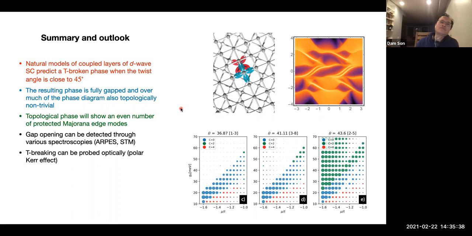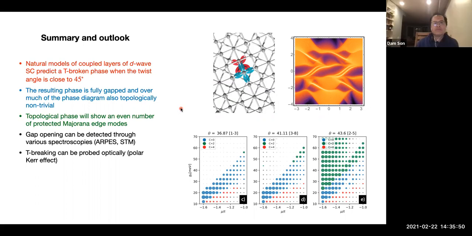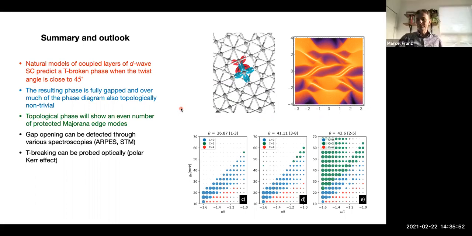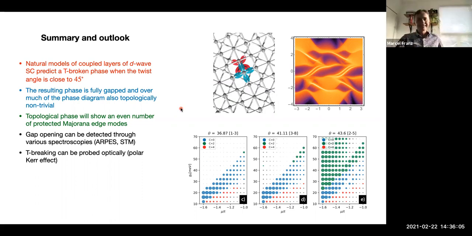So that's the problem. You can calculate this sigma xy at finite frequency, sort of optical Hall conductivity, and you can show that it's 0 in a time reversal symmetry respecting phase and non-zero in the broken phase, but there's nothing quantized about it, basically because charge is not a good quantum number in a superconductor.